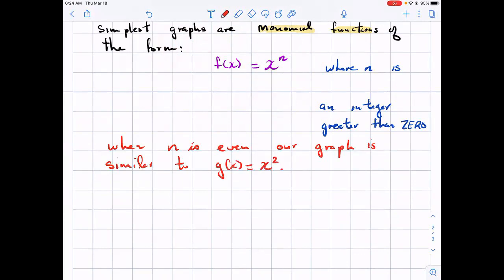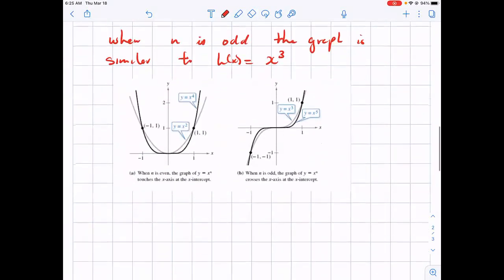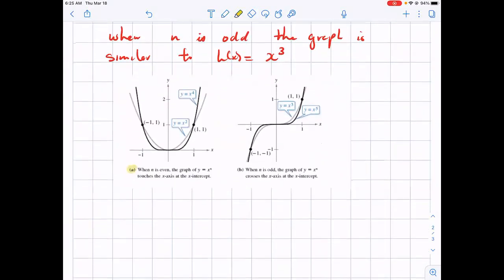And when n is odd, the graph is similar to h of x equals x cubed. So let me just show you two pictures of that. In picture A, the light color graph is x squared.